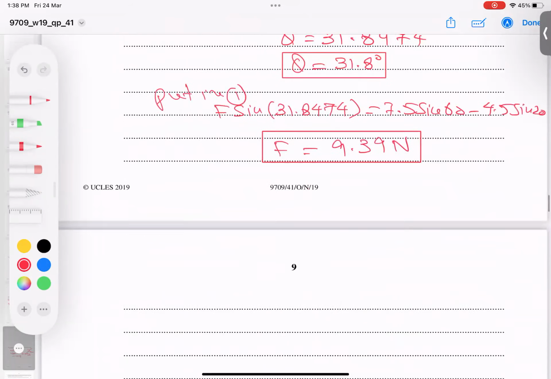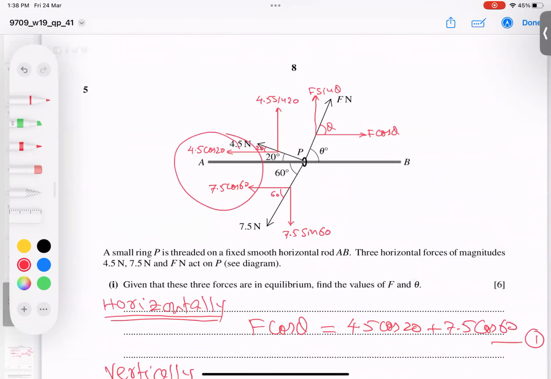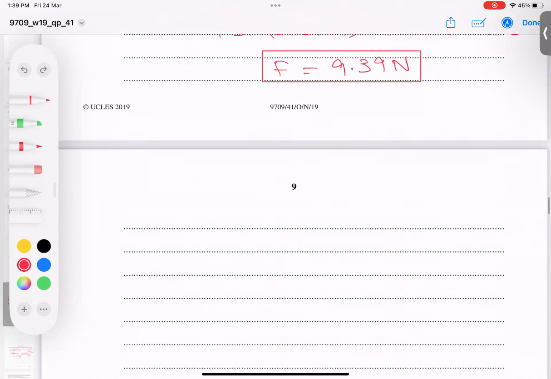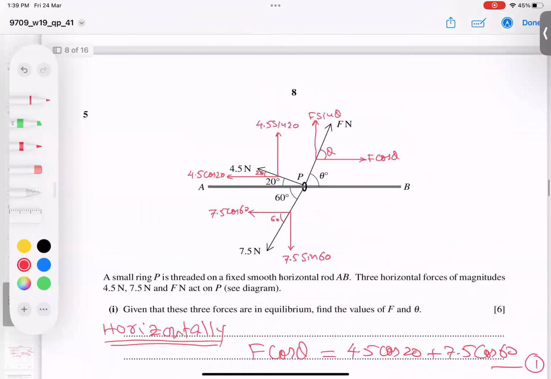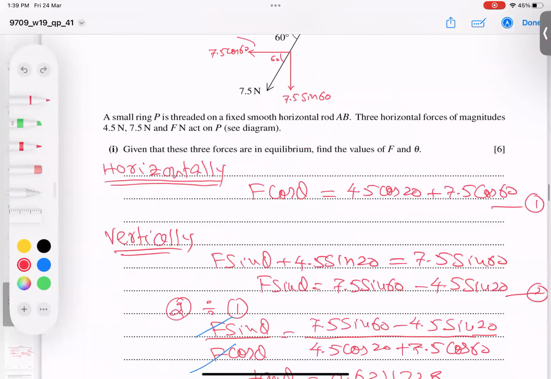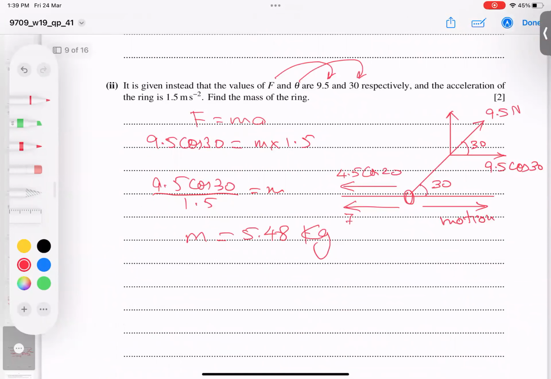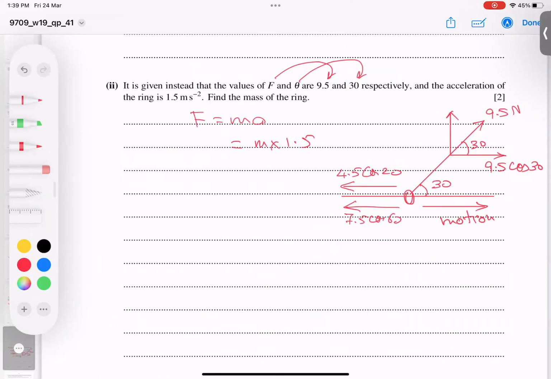Check them here, students: one is 4.5 cos 20, and the other force is 7.5 cos 60. The remaining idea is the same, but now the force is here, so this force minus these two forces.